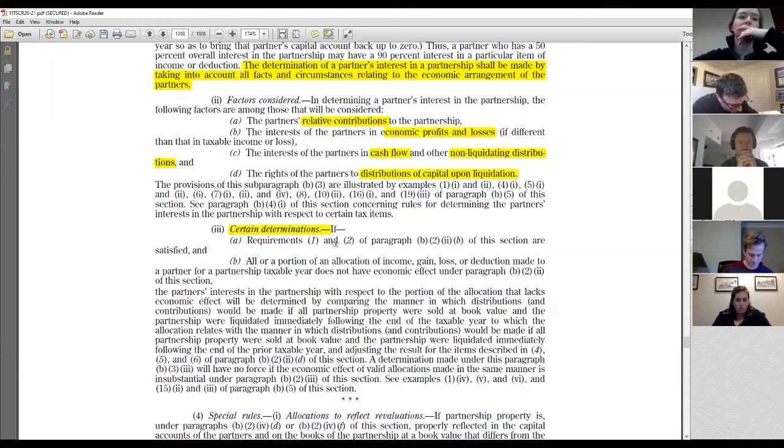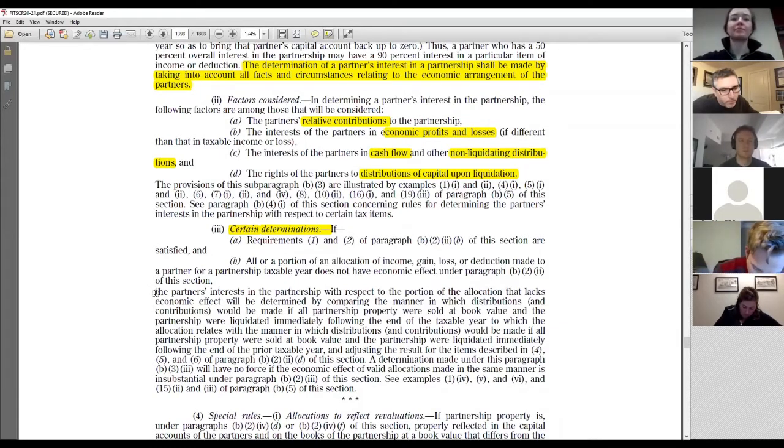It says if requirements 1 and 2 of the big 3 are satisfied, and all or a portion of an allocation of income, gain, loss, deduction made to a partner does not have economic effect, so that's us, that 5 that we haven't blessed yet with economic effect, then it tells you how to determine where the allocations go under PIP.